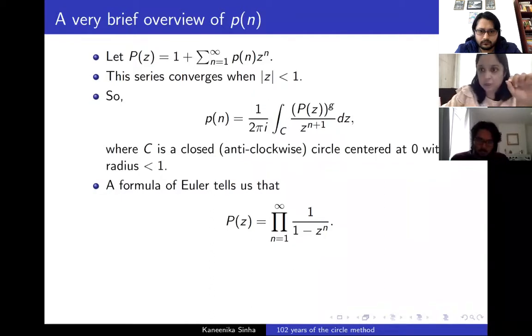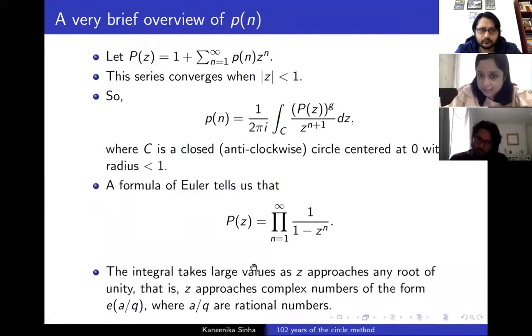So these are the problems we had seen in a different way, that your generating function takes peak values at rational numbers. We make the same observation here using a different formulation: this integral takes large values as z approaches any root of unity.